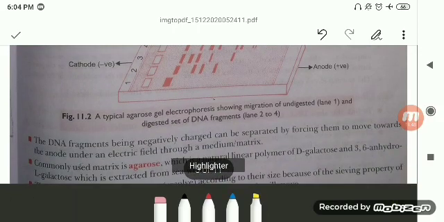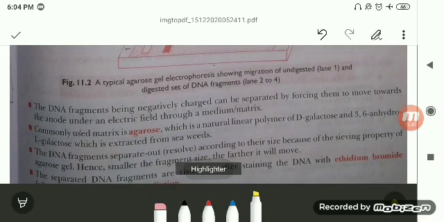The DNA fragments, being negatively charged, can be separated by forcing them to move towards the anode under the electrical field through the medium or the matrix. The commonly used matrix is agarose, which is a natural linear polymer of D-galactose and 3,6-anhydro-L-galactose, extracted from seaweed.